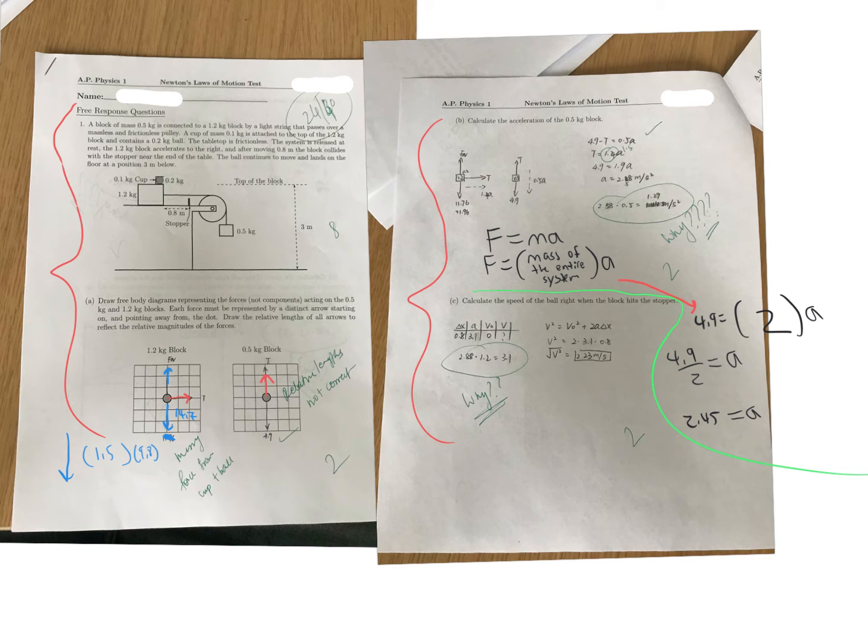So I'm going to rewrite it. So we have v squared, vf final velocity squared, equals 2 times the acceleration, which is 2.45, I believe, times the distance traveled, which is 0.8 meters. And that is found right here, right? That's how much distance it travels right before it hits the stopper, right?